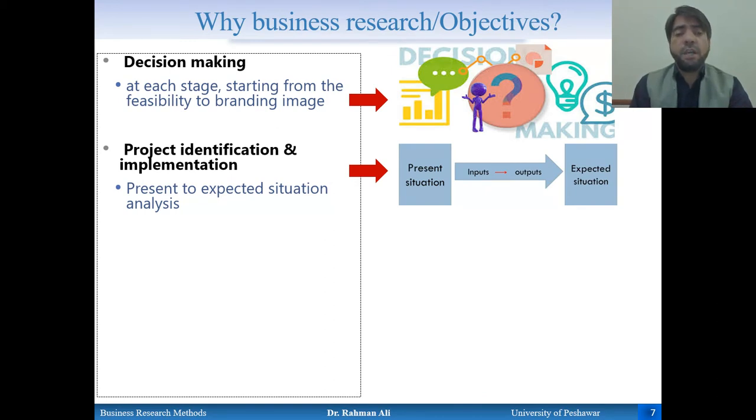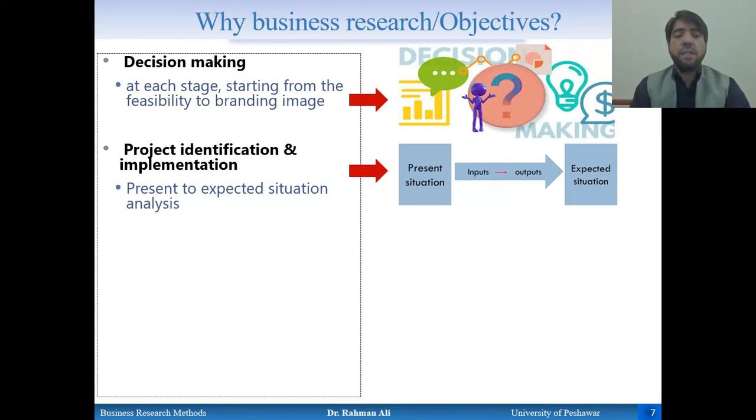For that, we need business research, and if we can do it, we can easily identify the new projects, and then we can identify how these projects can be implemented. So identification of the new projects and their implementation are based on research.